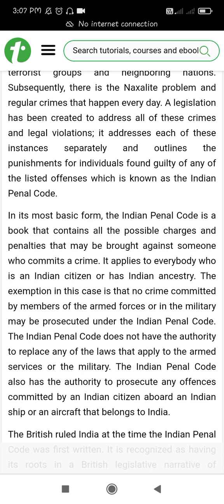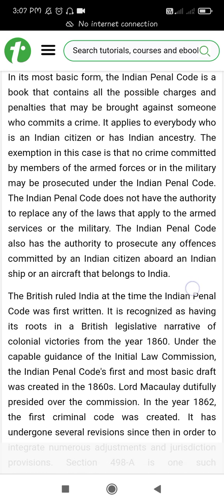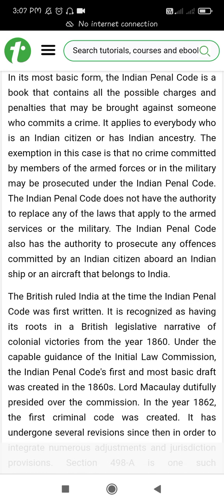It applies to everybody who is an Indian citizen or has Indian ancestry. The exemption in this case is that no crime committed by members of the armed forces or in the military may be prosecuted under the Indian Penal Code. The Indian Penal Code does not have the authority to replace any of the laws that apply to the armed service of the military.